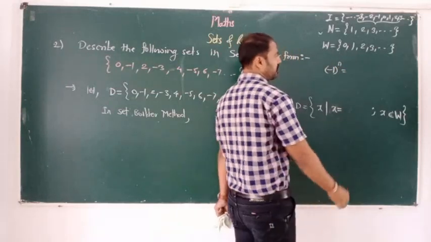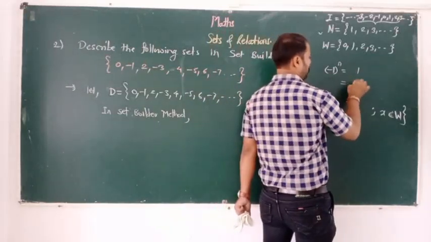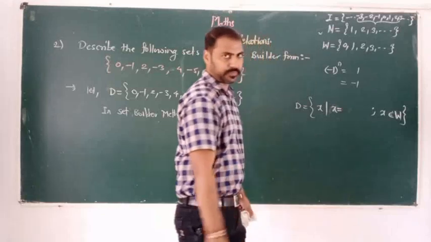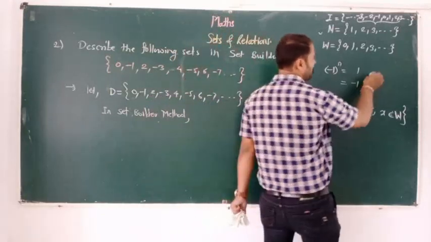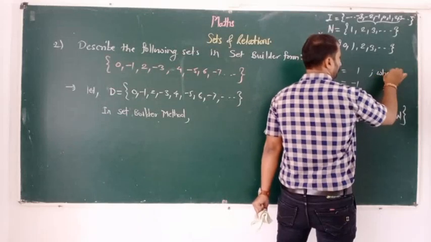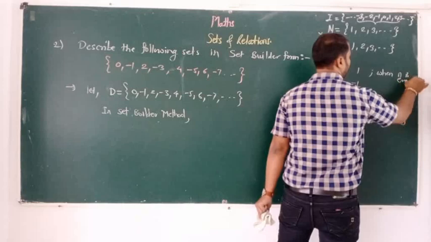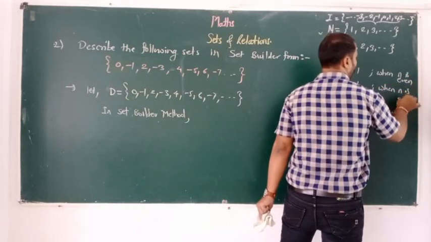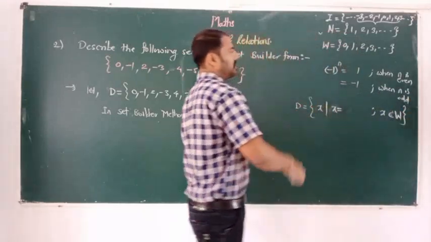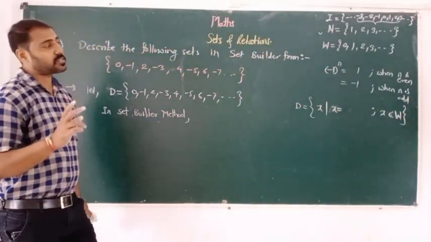Minus 1 raised to n gives two answers: plus 1 or minus 1. It gives plus 1 when n is even and minus 1 when n is odd. Remember this.